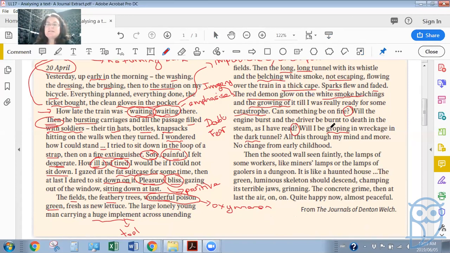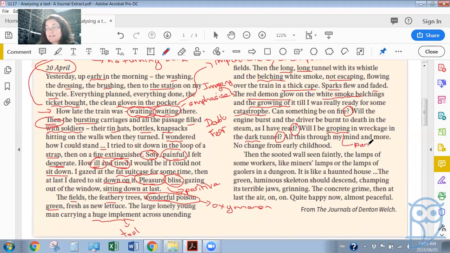And this idea of groping, why is that a good word to use? Will I be groping in wreckage in the dark tunnel? Yes, another rhetorical question. Why is groping an effective verb? What does it suggest? Good, yes, it suggests panic.